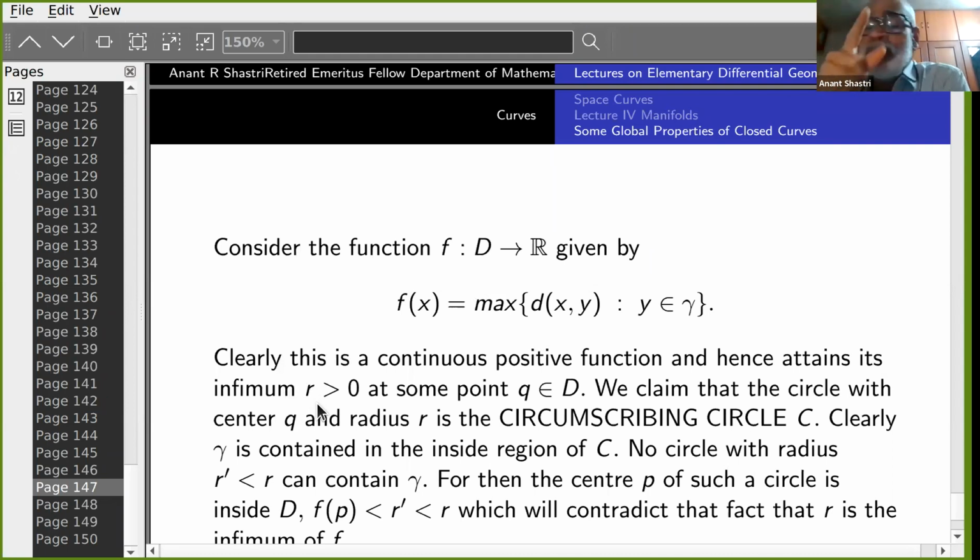That it is attained is important here, so it is a positive thing. For some q inside D, attained means it is achieved at some point: at x equal to q, it will be equal to the infimum. So we have found a point q. What is the property of q? Look at d(x, q) and d(q, y).